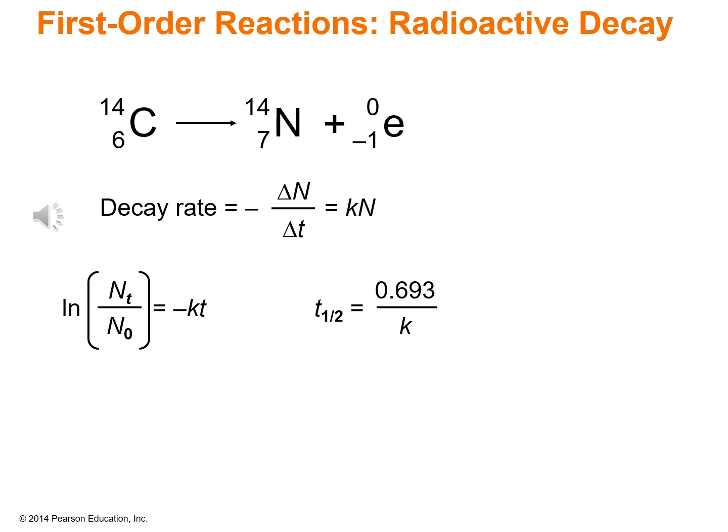So the integrated rate law for radioactive decay becomes natural log of N sub t over N sub 0, or the initial nuclei, which is equal to minus kt.